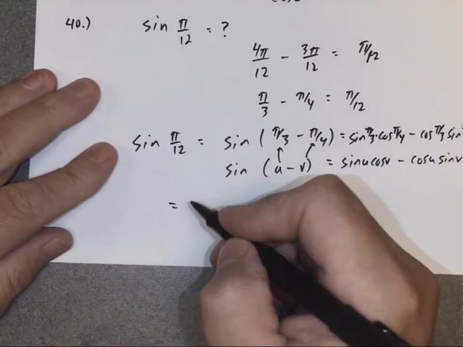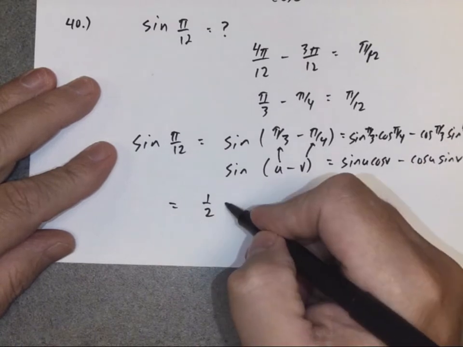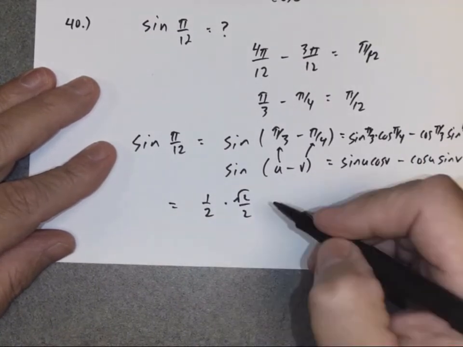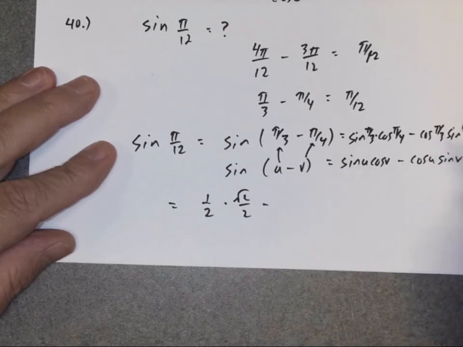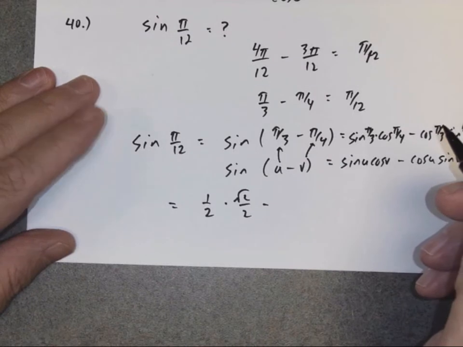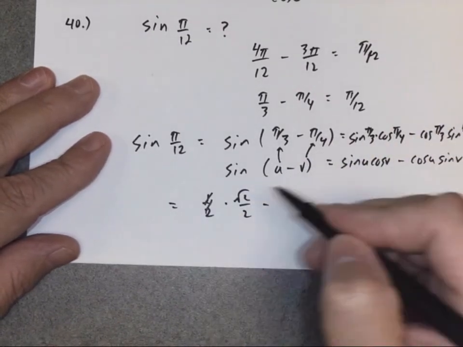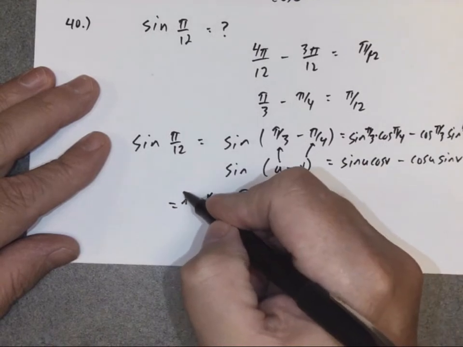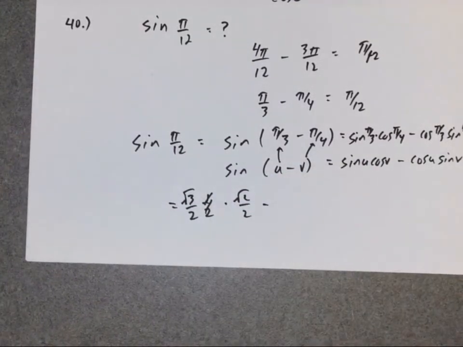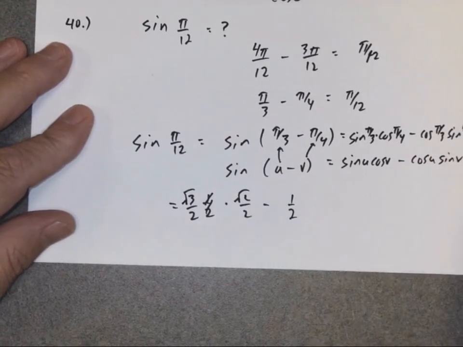Sine of pi over 3 is 1/2. Cosine of pi over 4 is square root of 2 over 2. Cosine of pi over 3. Oh, I messed up. Hopefully you guys are aware of that. The sine of pi over 3, square root of 3 over 2. Cosine of pi over 3 is 1/2.